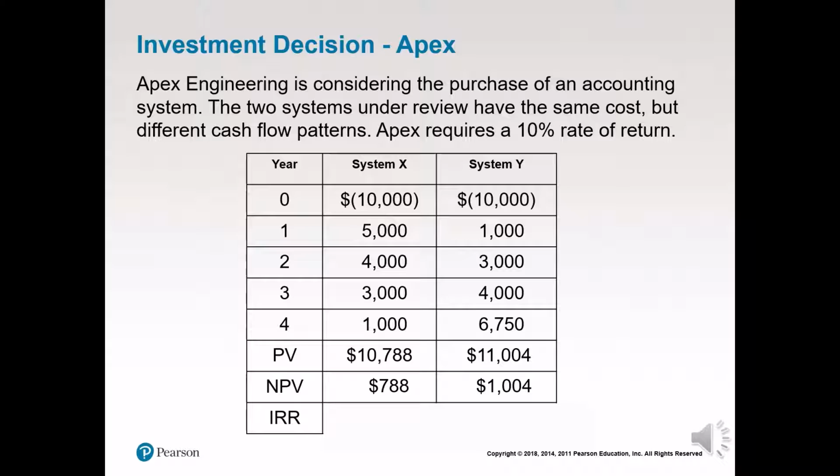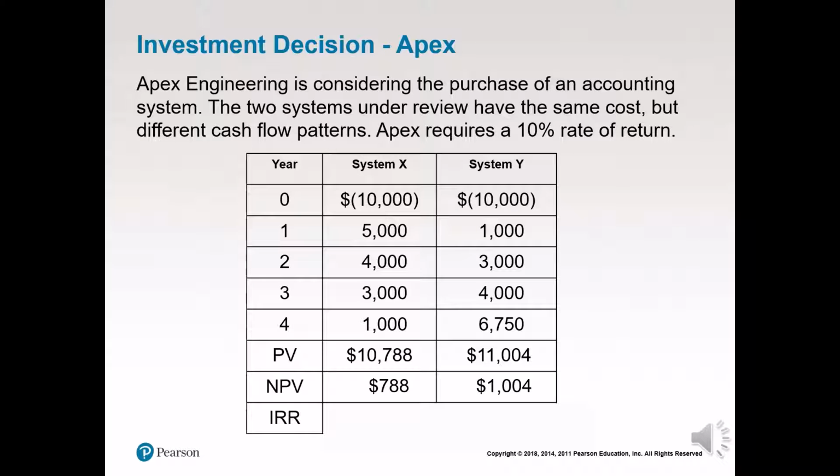So anything above 10% is going to be a good project. We know it's above 10% because our net present value is above 0. Another way to look at it, if the IRR of a project is greater than or equal to the project's cost of capital, we will accept the project.